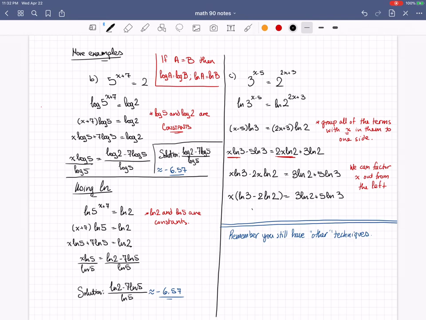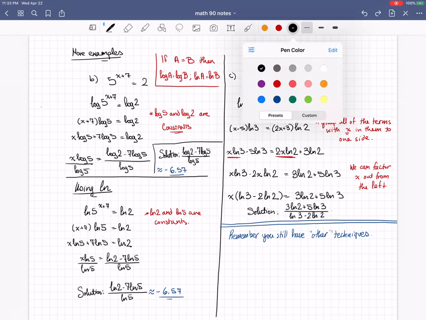And finally, to get x by itself, we'll divide both sides by the thing that x is being multiplied by here. So the solution is 3 log 2 plus 5 log 3 all over log 3 minus 2 log 2.